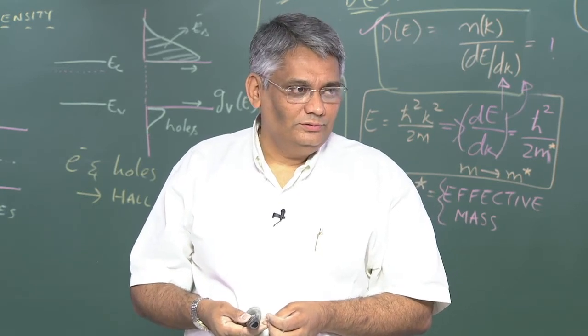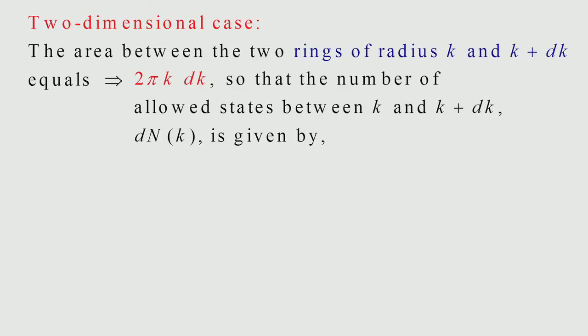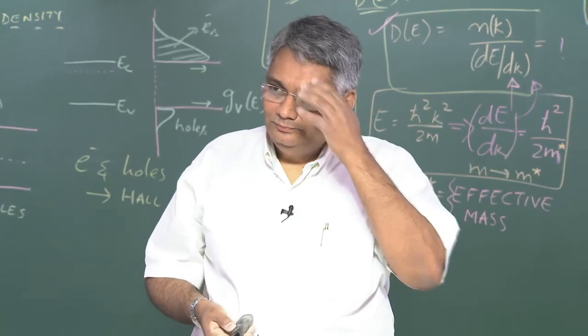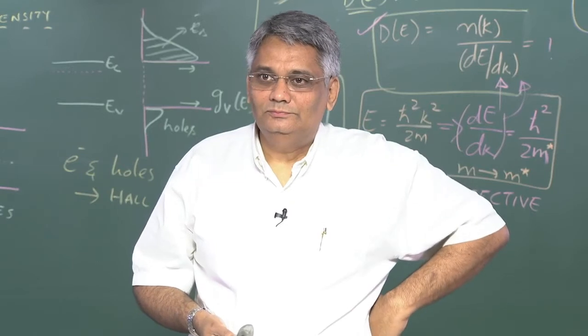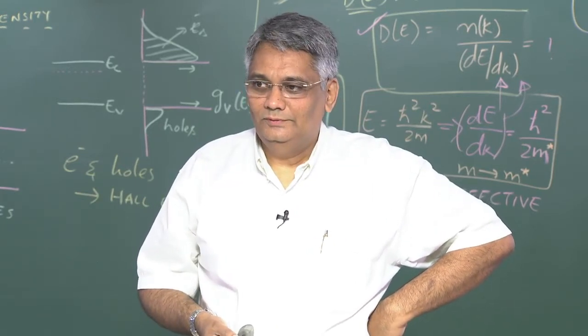It's 2 pi k dk, right? So you have the area there, and what now? The number of allowed states between k and k plus dk, that is dn k, is given by, so you have the area there now. Easy to get.